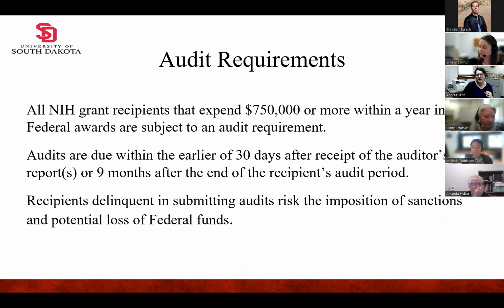So rather than having an individual audit report from the university, it comes from the state. And so when other agencies ask for that, we supply our single audit report, and that all happens through the state of South Dakota.